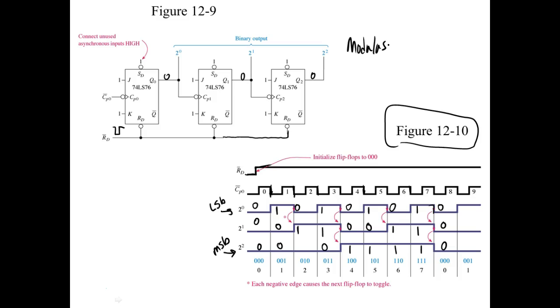What would be the modulus of this count? Huh? 8. Thank you. 8. It starts from 0. 0 is one of your counts, right? A lot of people think we count from 1, but we don't. We're actually counting from what? 0. It's just that we usually don't say 0, 1, 2, 3. Usually when we start counting, we say 1 because we understand that we're counting from 1. So this would be a modulus 8 counter.